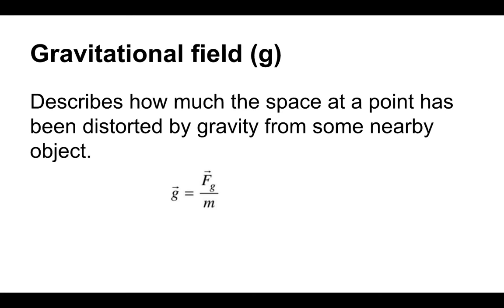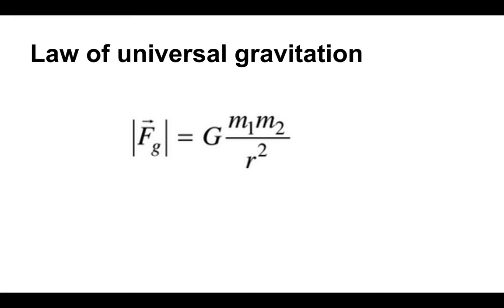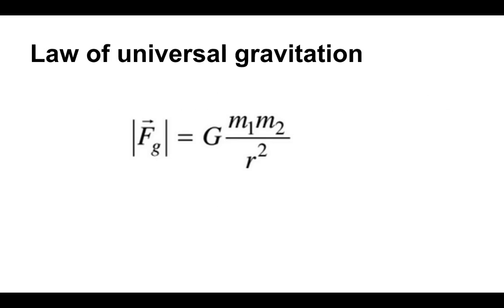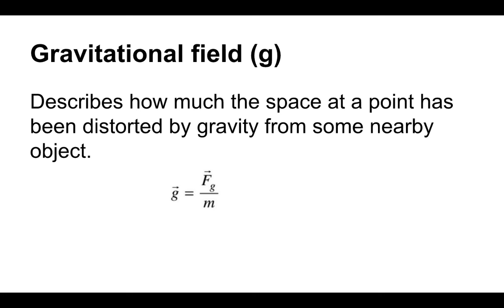If we can't measure the force directly, if we can't go there and bring a spring scale and an object of known mass, we could calculate it. We have the equation for gravitational force, so we could calculate the gravitational force acting on that object at that location, and then divide that value by the mass of the object. The gravitational field equation, as we use it most frequently, is just the gravity force equation divided by mass.